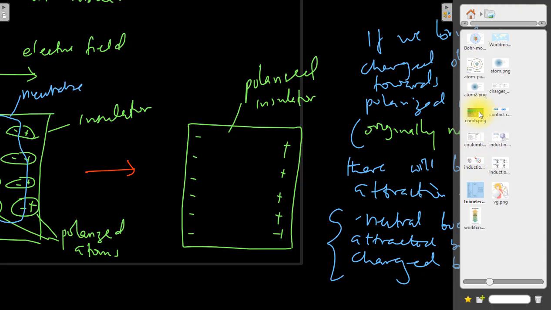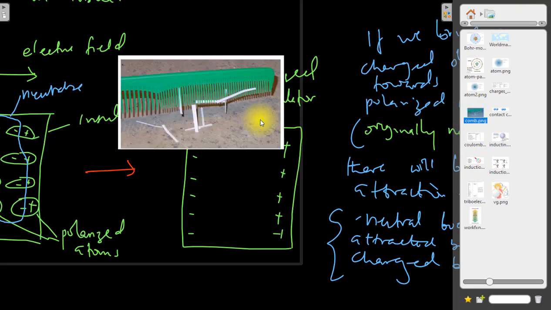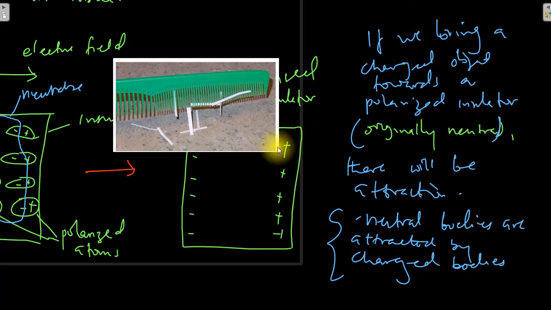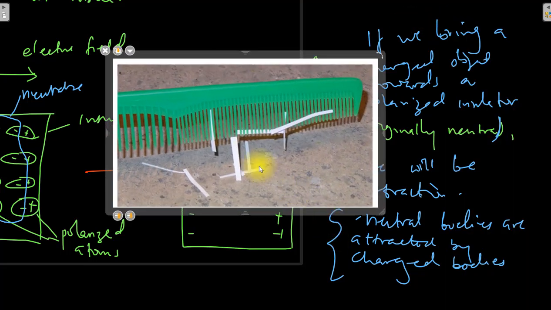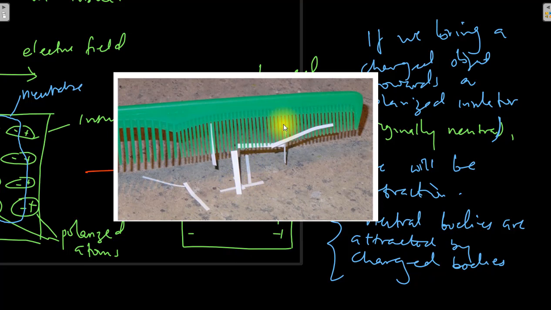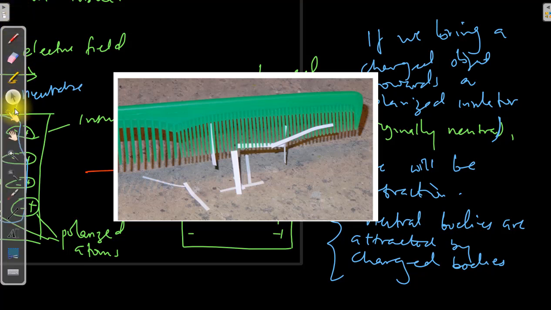As you can see in this picture, the pieces of paper are being attracted by the comb. These pieces of paper are insulators and they are originally uncharged, but when a positively charged comb, after rubbing it with hair, is brought to the papers, they are able to be attracted. Let's see how this happens.